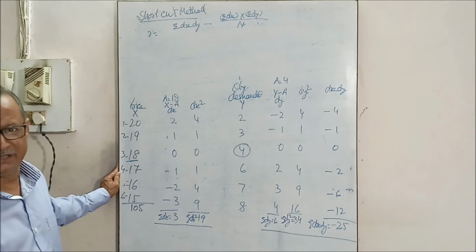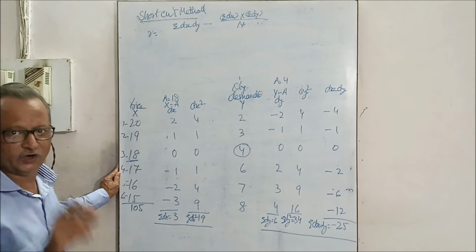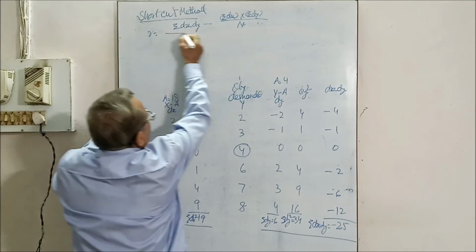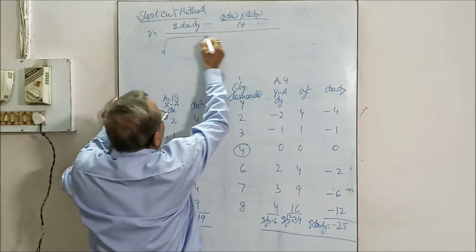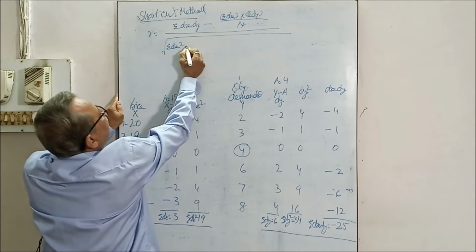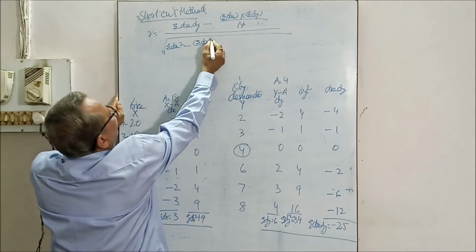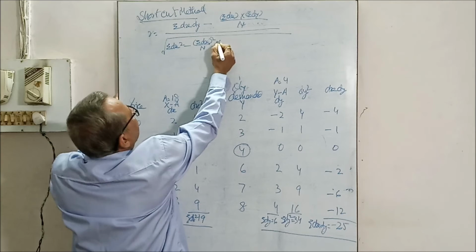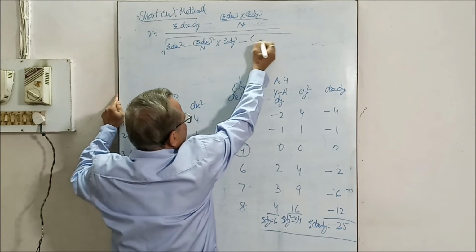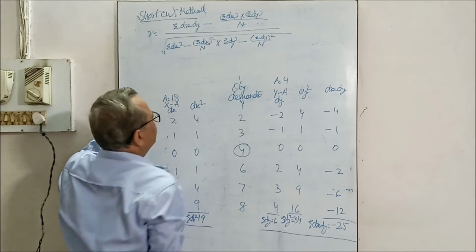When I was explaining the formula, I wrote something wrong; it was not divided by n. This is the correct formula: under root sigma dx square minus sigma dx whole square upon n, into sigma dy square minus sigma dy whole square upon n. This is the formula.